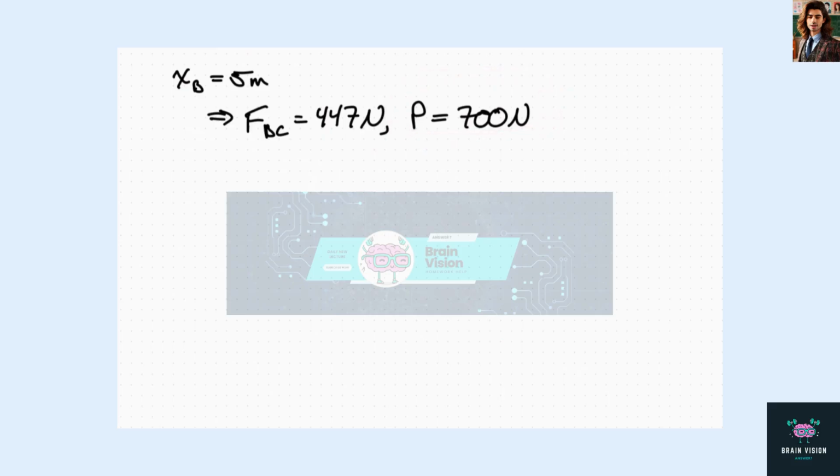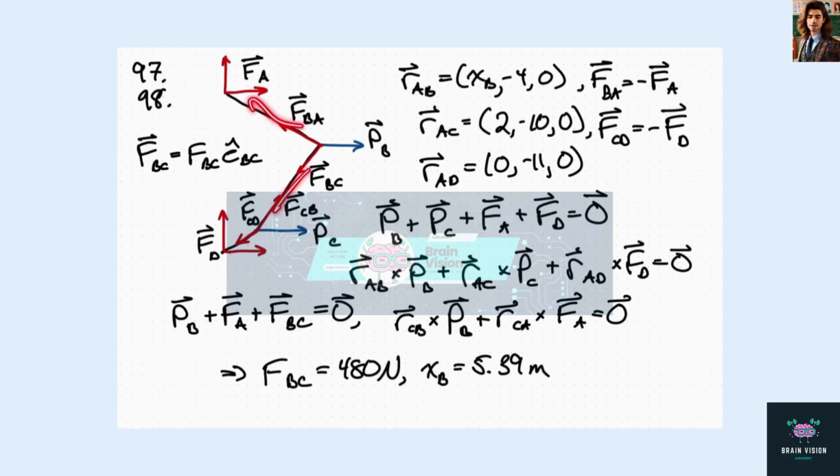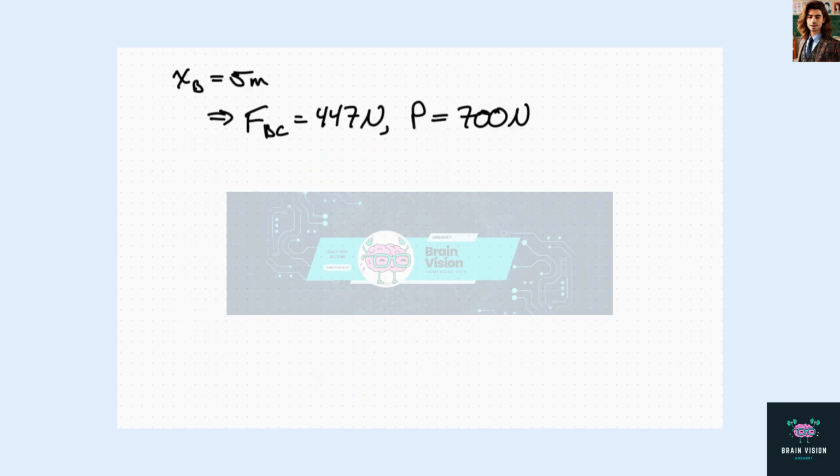And we can also figure out, again, what the tensions in these cables are. In that case, the tension in this interior cable goes from 480 newtons to 447 newtons. So it's a little bit less, as we kind of expect, because in problem 97, this was 800 newtons, and now we've determined that it was 700 newtons.